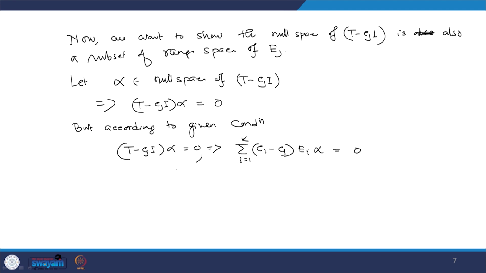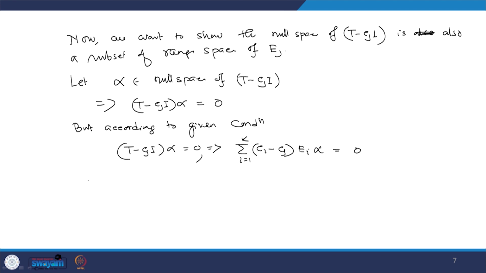to what? T equal to C1 E1 plus C2 E2 plus Ck Ek, and I equal to E1 plus E2 plus Ek. So, Cj times I will be Cj E1 plus Cj E2 plus Cj Ek. So, when I consider T minus CjI, this is equal to sigma (Ci minus Cj) Ei, and then operating on alpha I will have this thing, please.